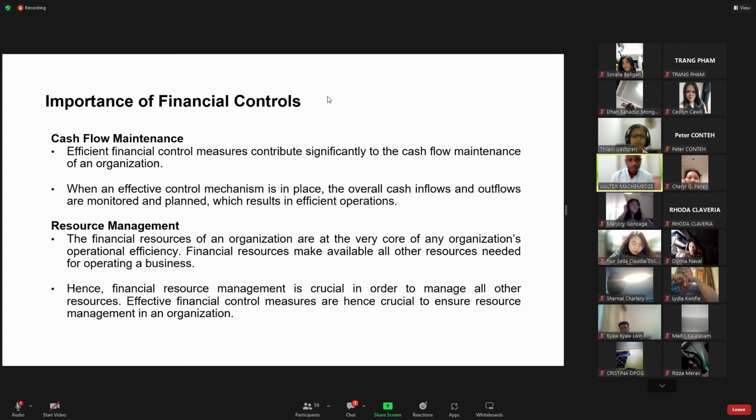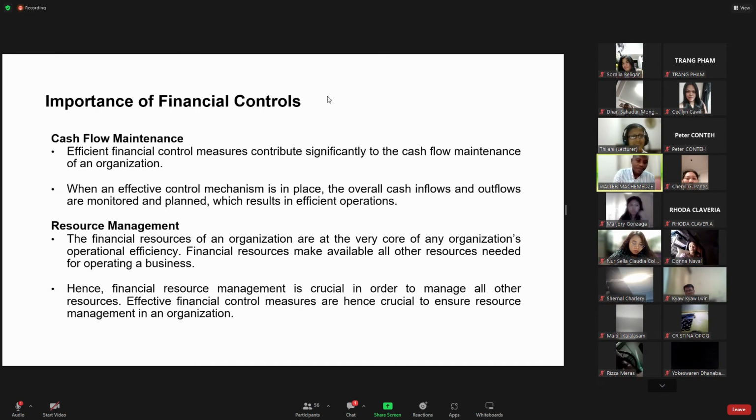Hello, ma'am. Cash flow maintenance, I think, are the control measures that help to have good management of the finances that come within the business proceedings.